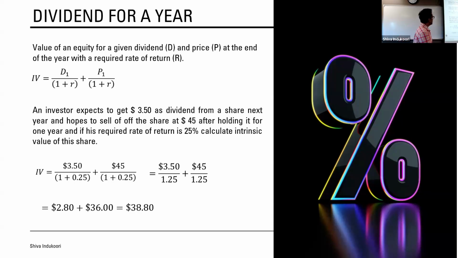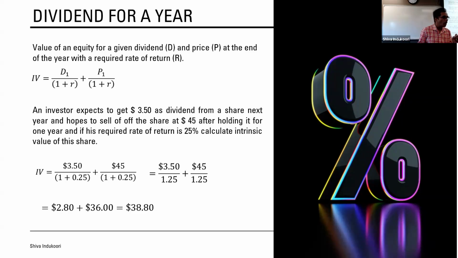If you expect this stock to give $45 after 1 year and $3.50 dividend after 1 year, it is worth $38.80. Now, question to you. This stock is right now trading at $40.